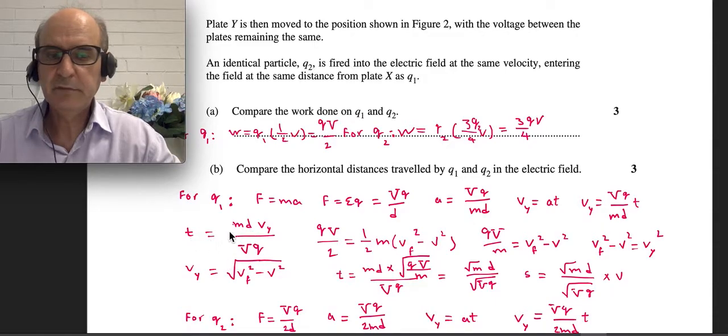T will be equal to md Vy over Vq. So basically what we've done here, we have replaced this Vy with At, and we have replaced A with Vq on md.